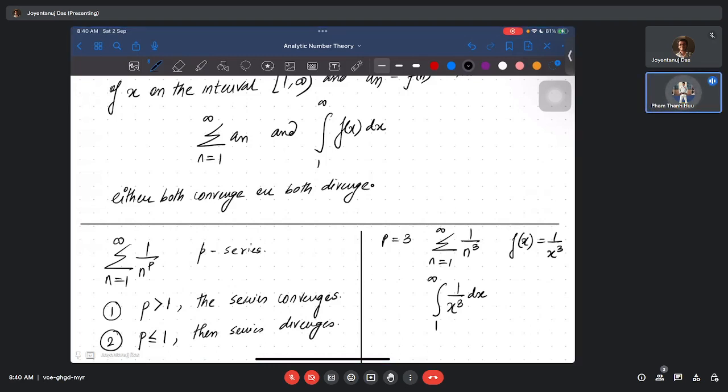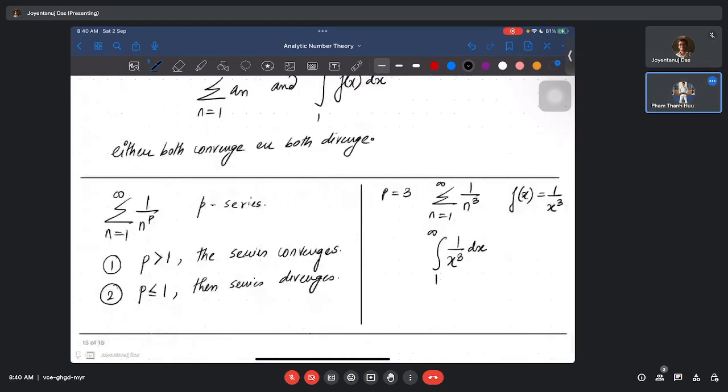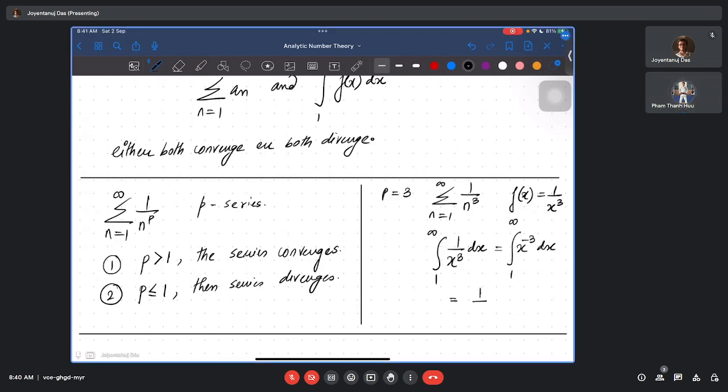It is minus 1 over 2 x square, that is, minus 1 over 2 times 1 over x square.